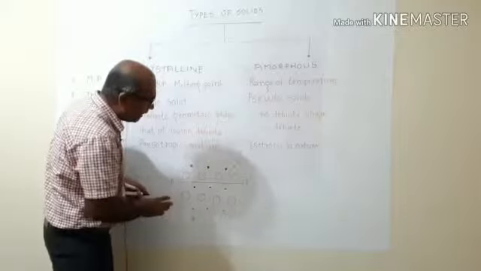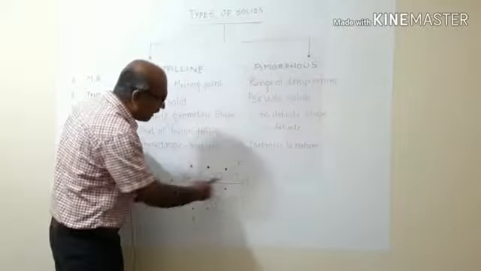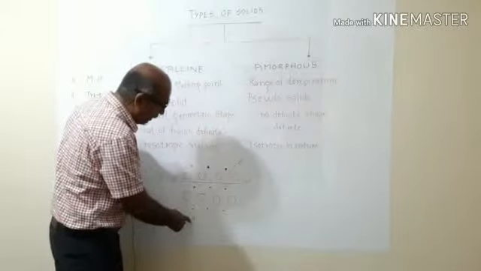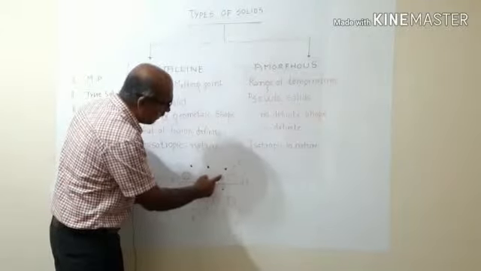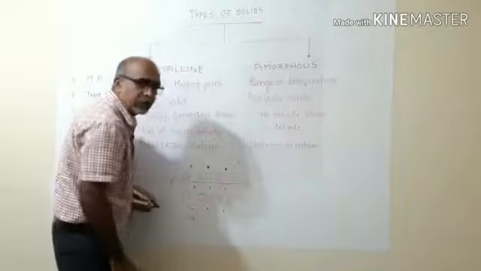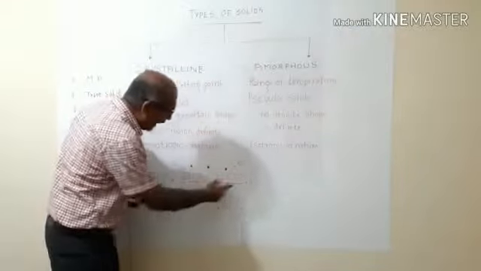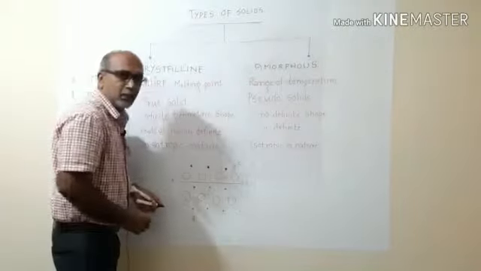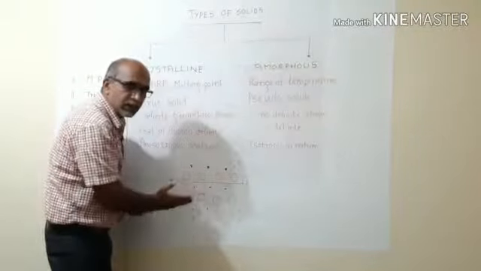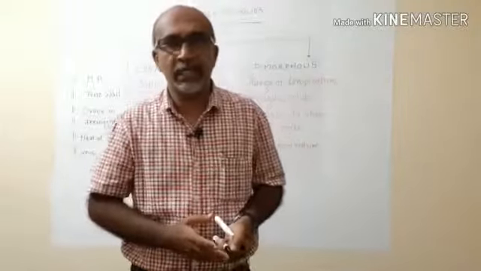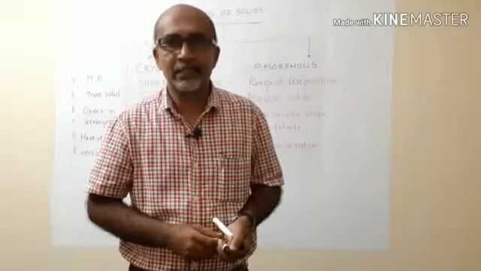In the BC direction, the particles are arranged alternately big and small. In AB, on either side, the same type of particles are arranged. So in different directions there are different values of refractive index and electrical resistance.